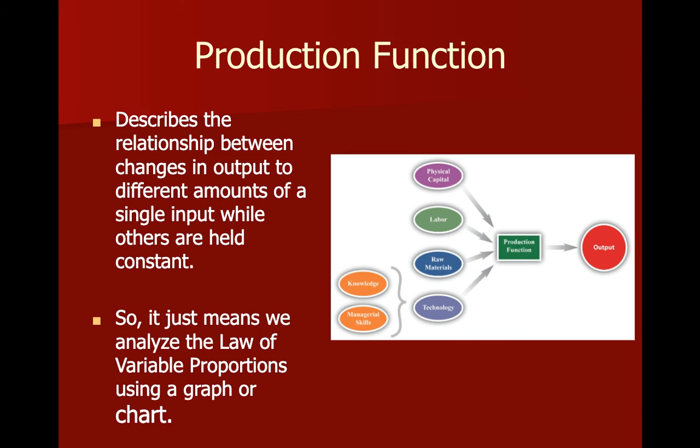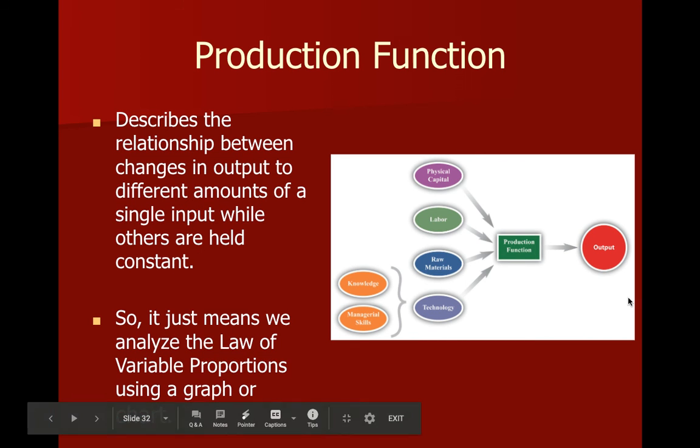So, production function looks sort of like this. It describes the relationship between changes in output to different amounts of a single input while others are held constant. So, remember, if I'm going to change my real vanilla to imitation vanilla extract, that's the thing that we could be looking at. It means that we analyze the law of variable proportions using a chart or a graph.